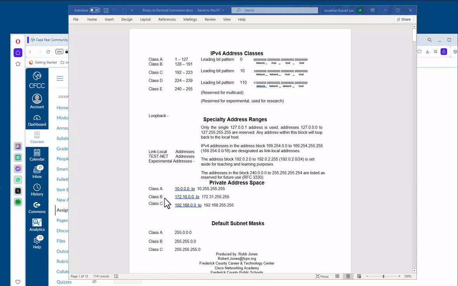Okay, now Class A. These are private address spaces. So in the Class A network, they set aside the 10 network to be used by private entities. So like here at the school, we actually use the 10 network for our classrooms.